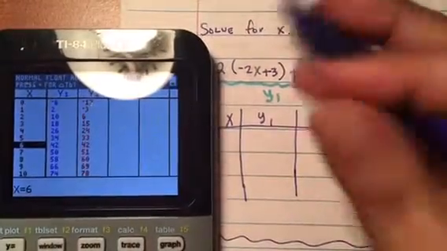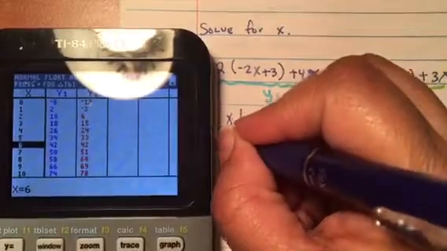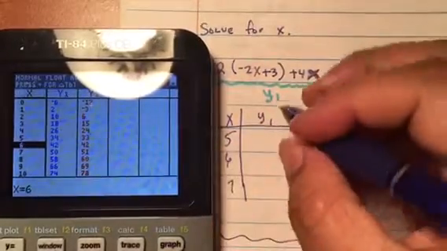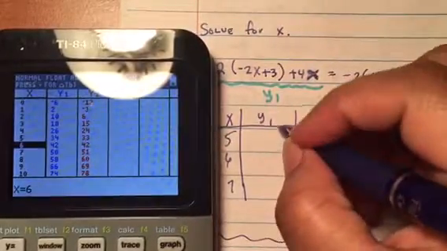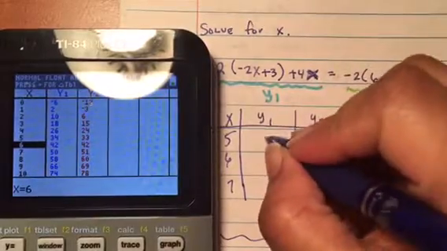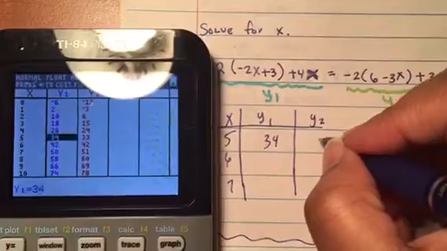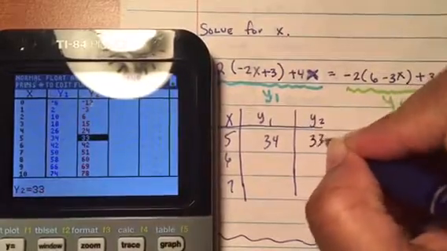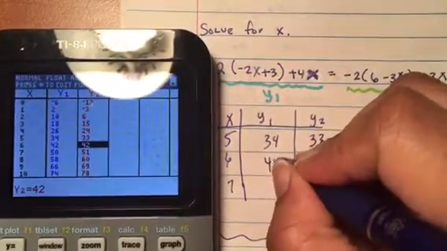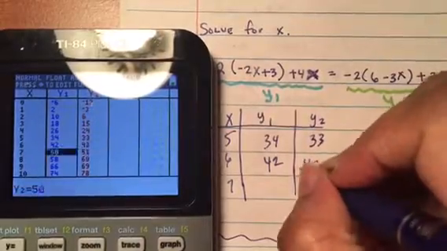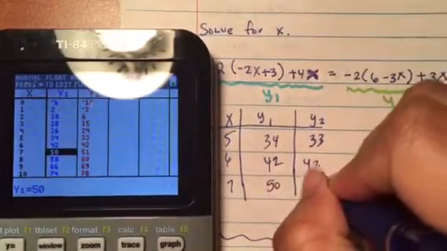I'm going to write 5, 6, 7. So on 5 I had 34 and 33, and then I had 42 and 42, and then I had 50 and 51.